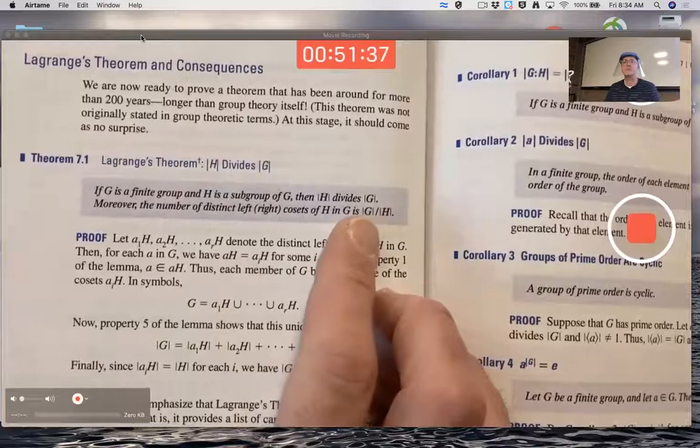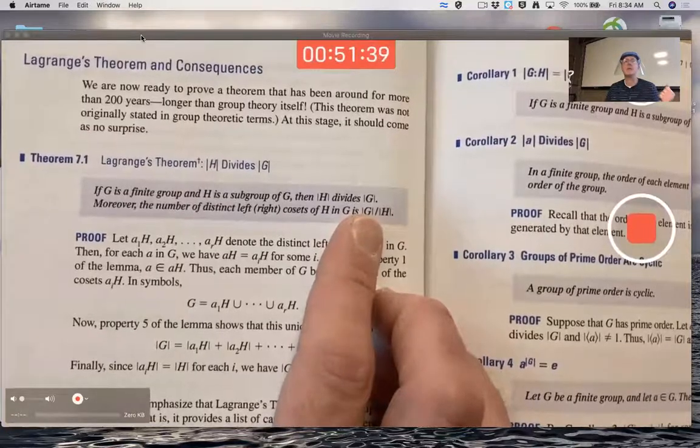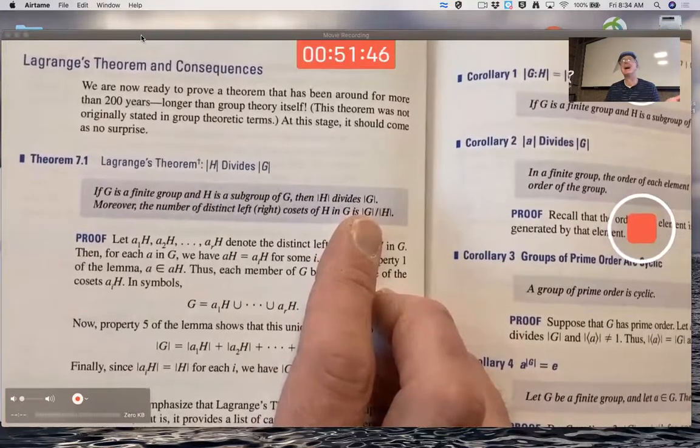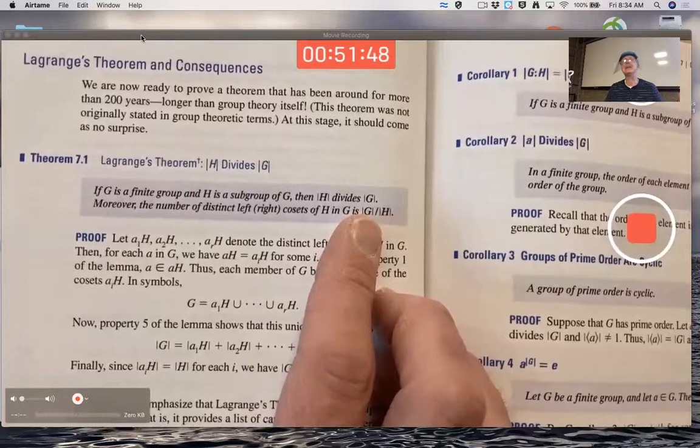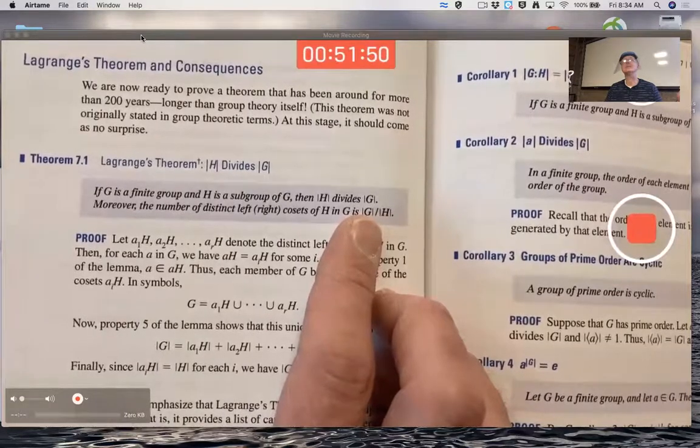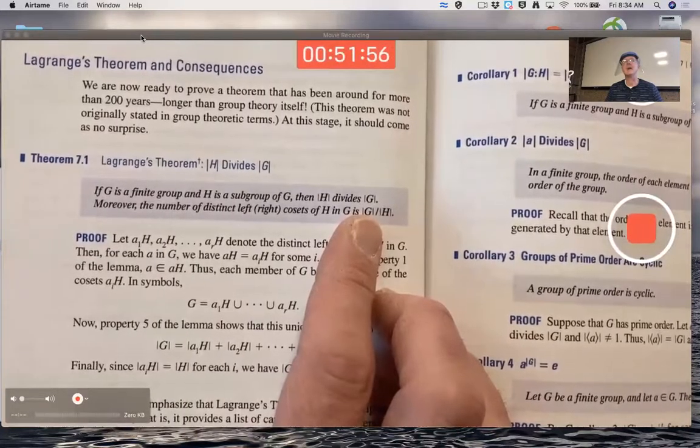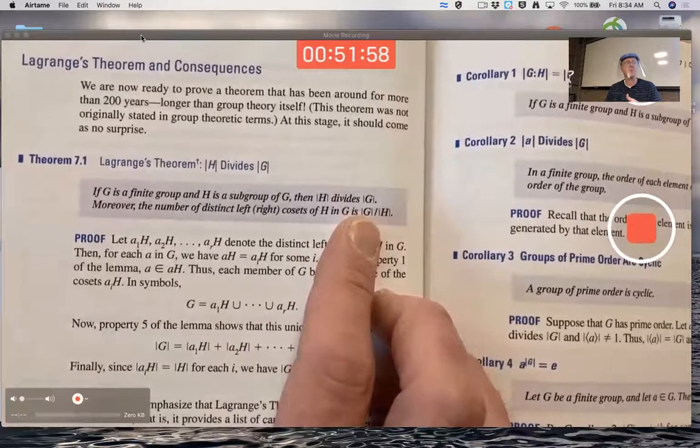So if the order of G is 60, for example, the only possible subgroup sizes are 1, 2, 3, 4, 5, 6, then jump to 10, divisors of 60, then 12, then 15, then 20, then 30, then 60. Of course, you always have the trivial subgroup of order 1 and the entire group itself.